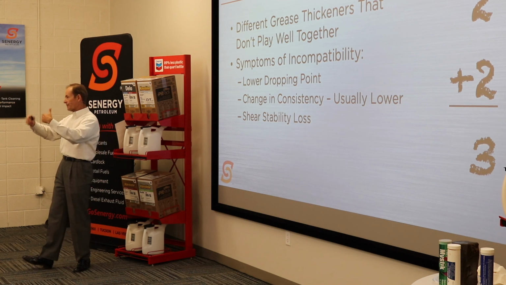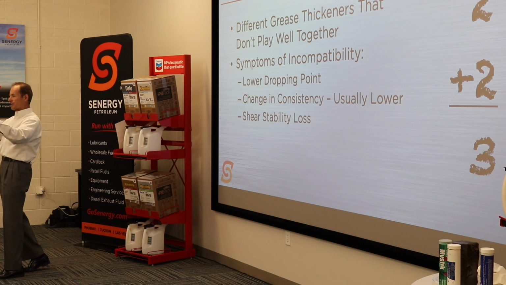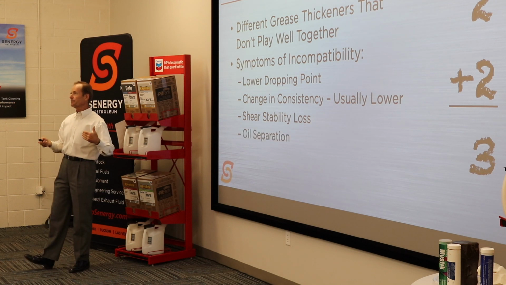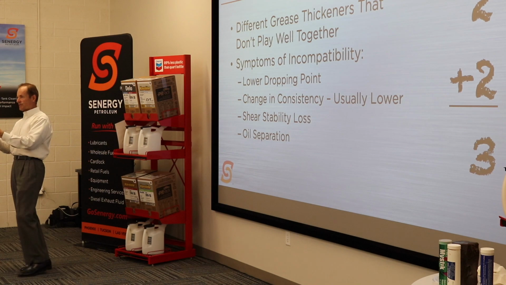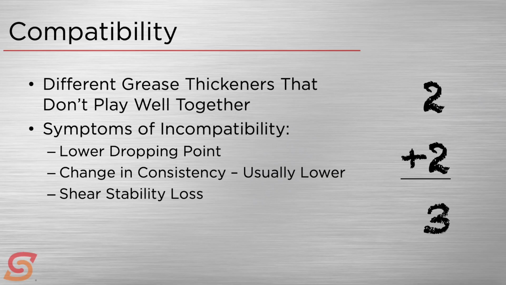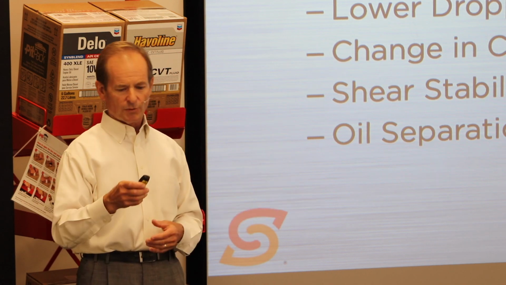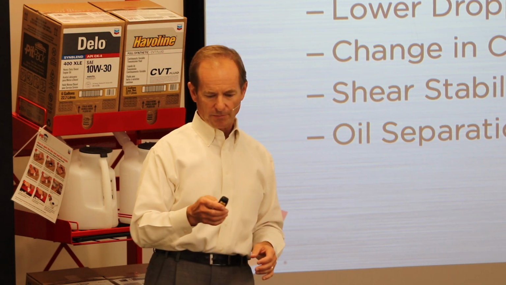It gets turned around in that bearing, the bearing stops. You expect it to spring back and start, but it doesn't come all the way back. That's a loss in your shear stability. And outright oil separation. The two greases mixed together, you come back, look at them a little bit later, and they've all run out. The oil part separated and ran away. Basically, your chemical sponge falls apart. That's what happens. All these are symptoms of that exact thing happening. Your chemical sponge going apart.